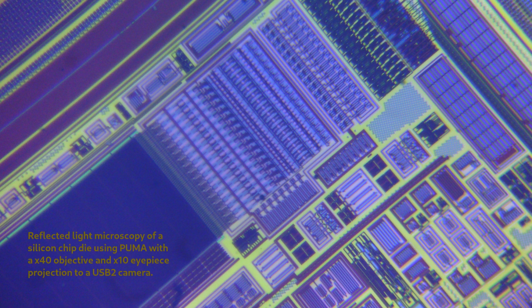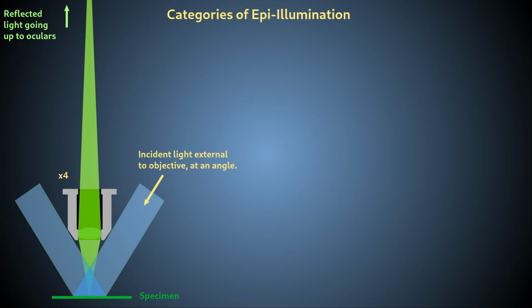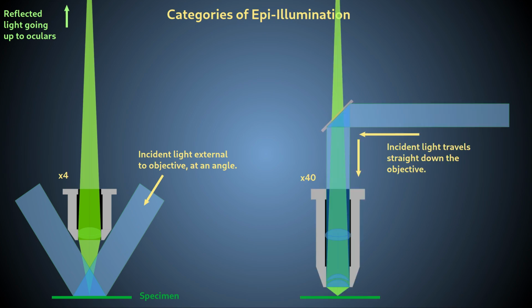One way to divide them into two broad categories is: 1. External beam Epi-illumination, where the illuminating light does not pass down the objective, and 2. Coaxial Epi-illumination, where the illuminating light does pass down the objective.